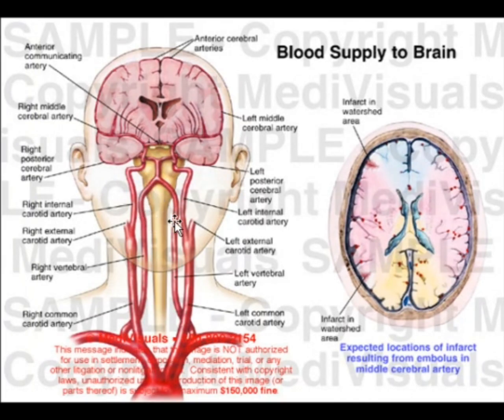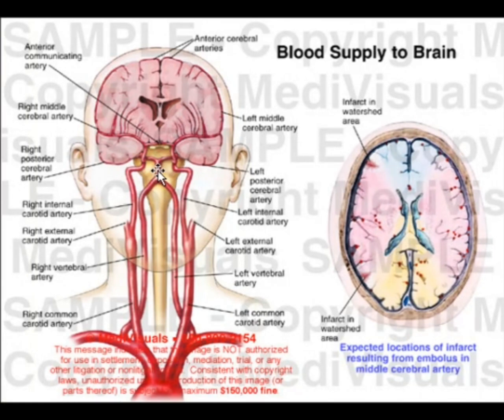Then they begin giving off branches which supply the brain and the spinal cord.